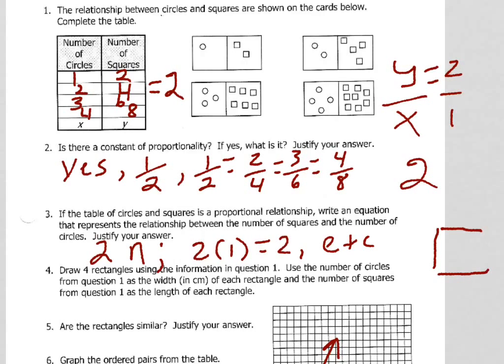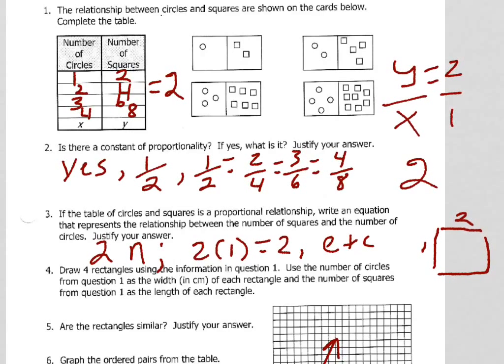So make sure you draw 4. If the width is the number of circles, that'll be 1, and the length 2, for example. Okay, now after that it says, are the rectangles similar?